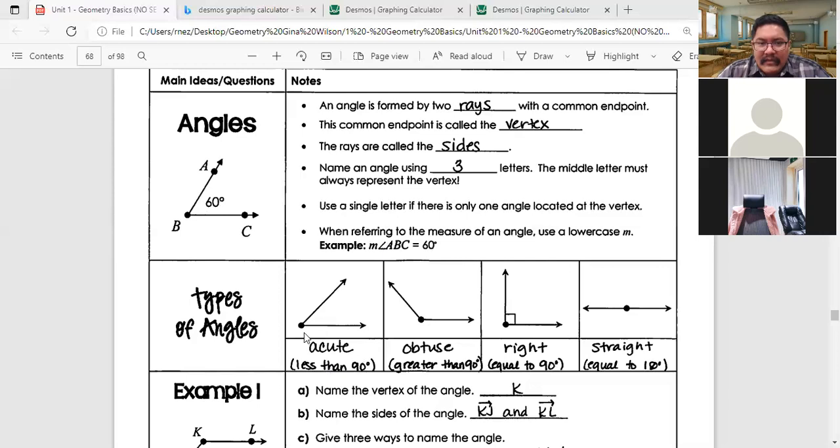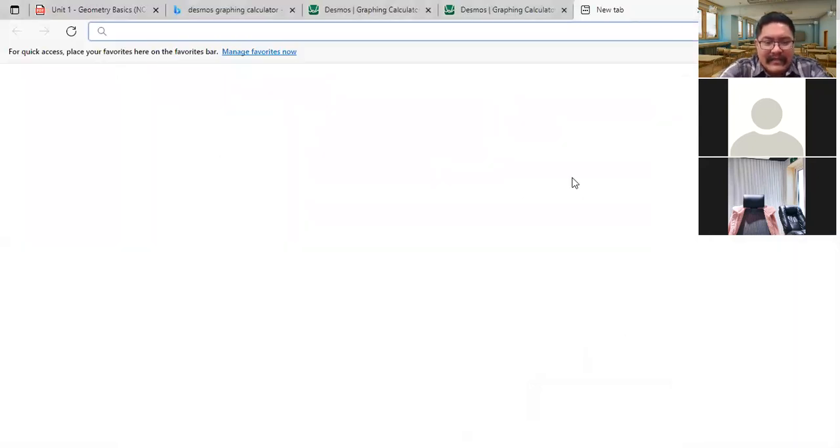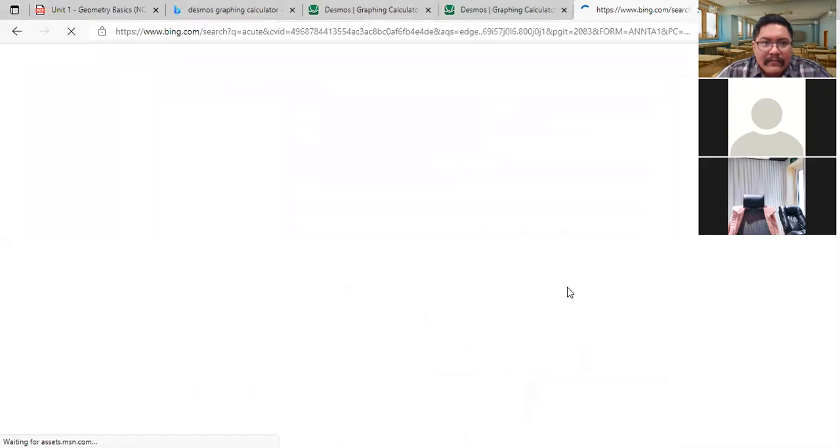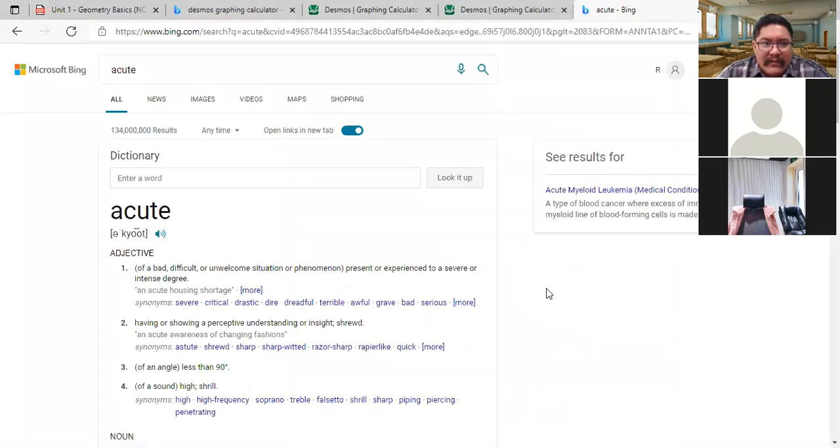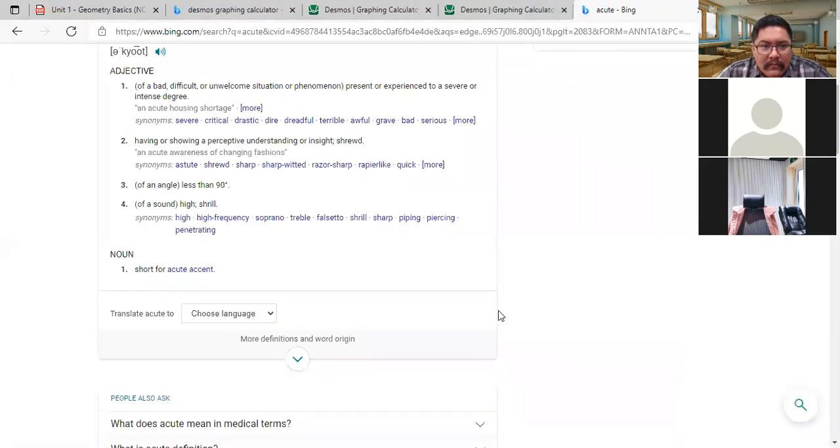You have acute angles. Let's see what the word acute is. Bad, difficult, or unwelcome. I don't think that one really works.